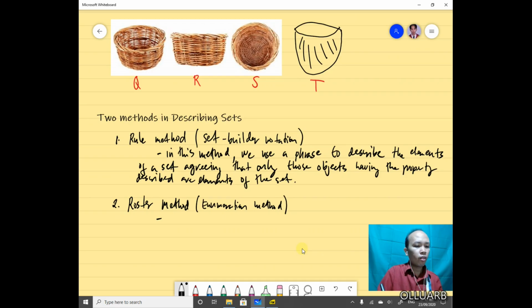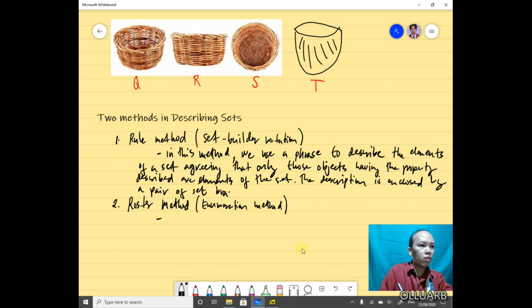Okay, the description is enclosed by a pair of set braces.